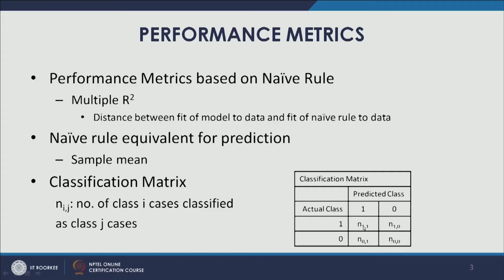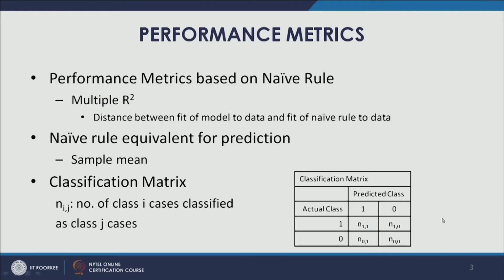This is based on once different models have been applied. So, for a particular model, Nij represents the number of class i cases classified as class j cases. If we look at N11, this is the number of class 1 cases classified as class 1 cases, which is the true classification.